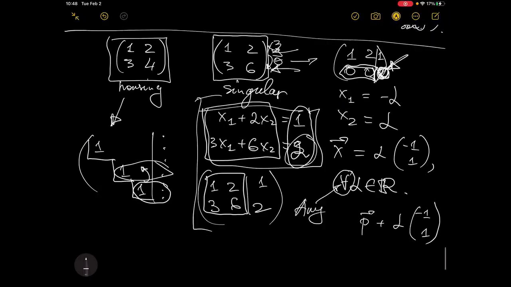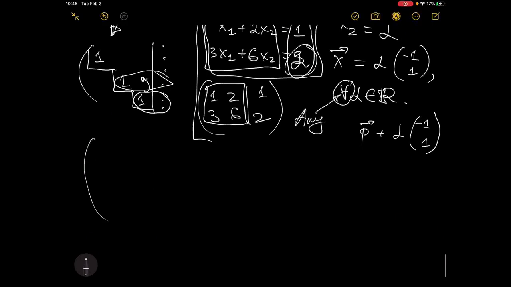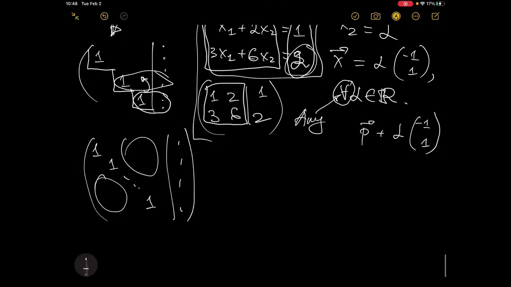Or if we have reduced row echelon form, we will get a matrix with just ones on the diagonal and corresponding values of x1, x2, and so on till xn on the right-hand side.